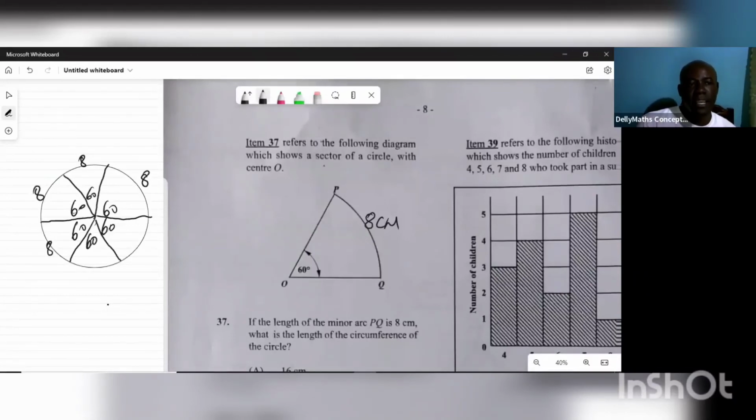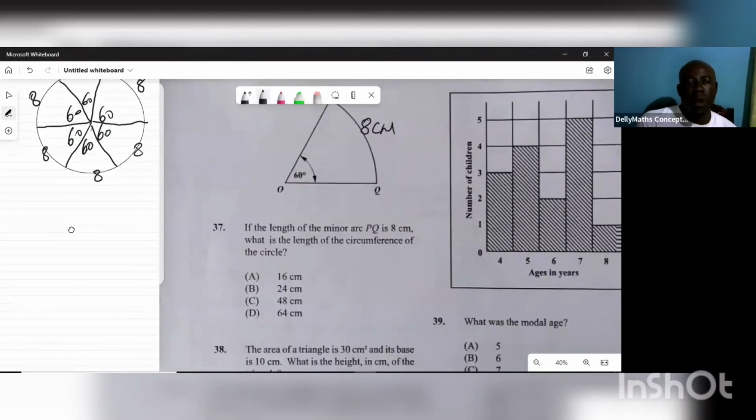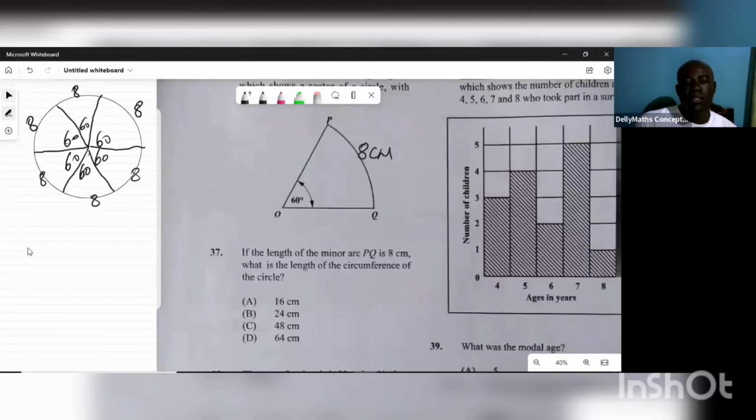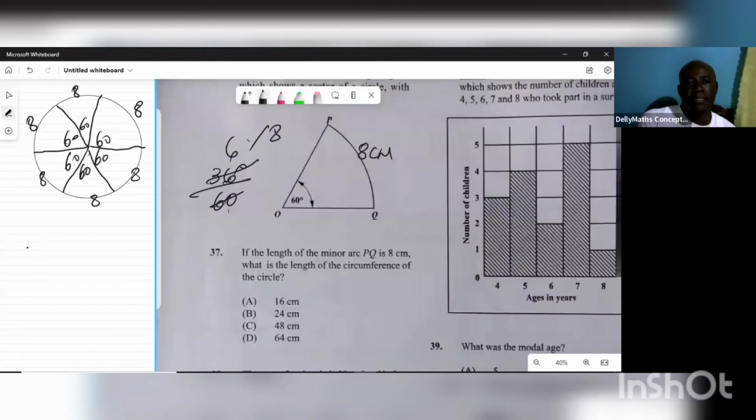For each 60 degrees is 8. So since we could get 60 into the 360 6 times, then 6 times 8 is 48.